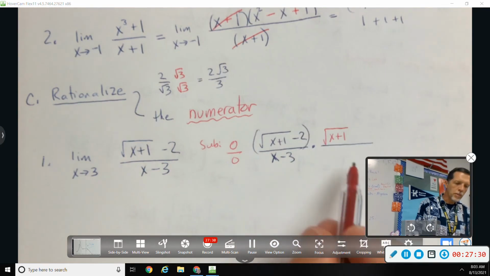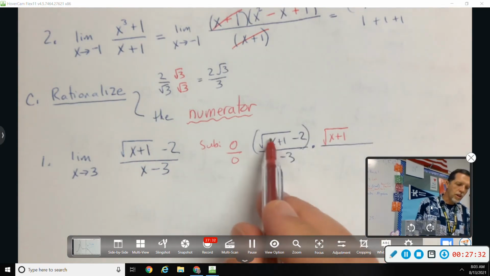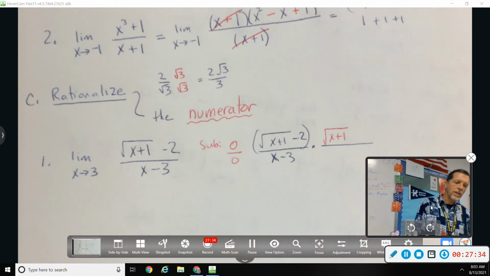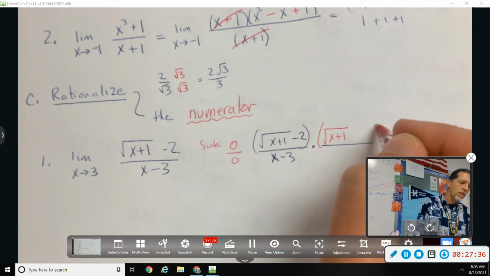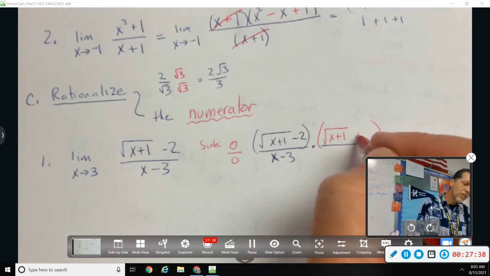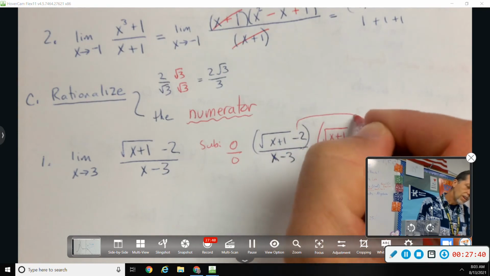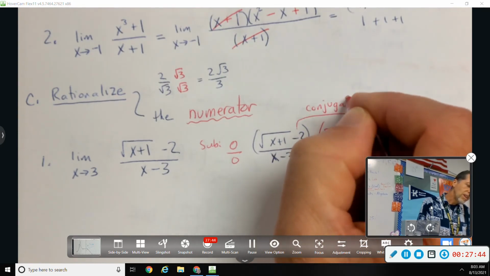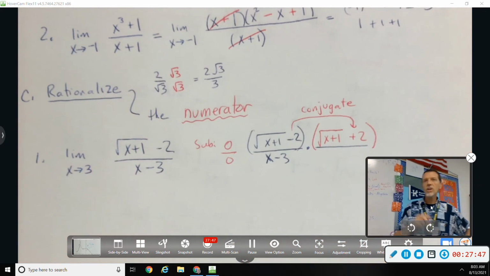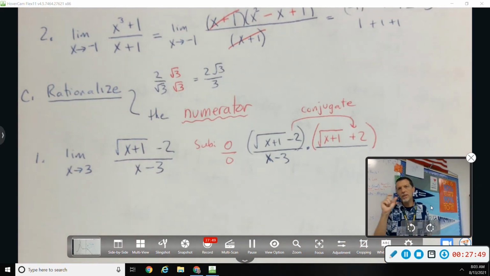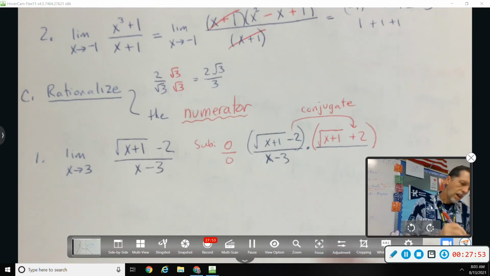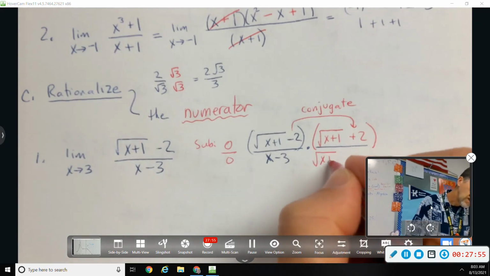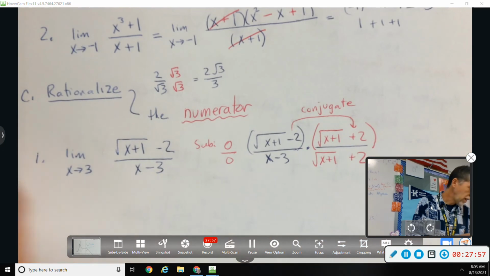If we multiplied by just that, it would fix this piece, but it would mess up the minus 2. Plus 2. You might remember that's called the conjugate. You don't really care what it's called, but when you multiply by the minus plus thing, it ends up fixing it. And of course, whatever we multiply to the top, we better multiply to the bottom.